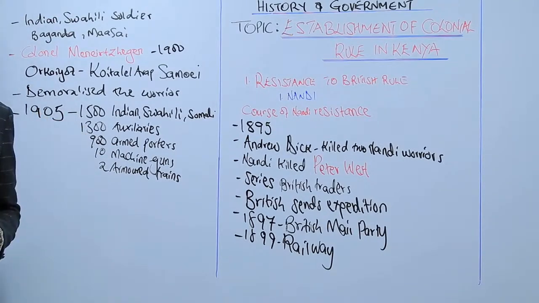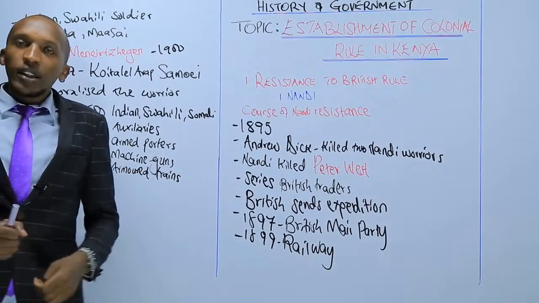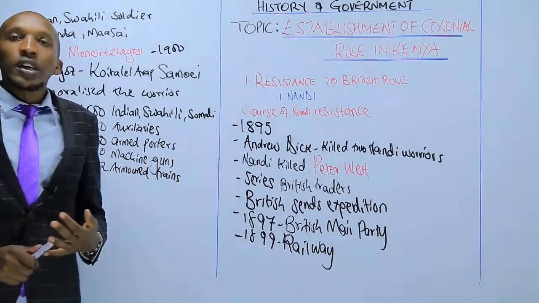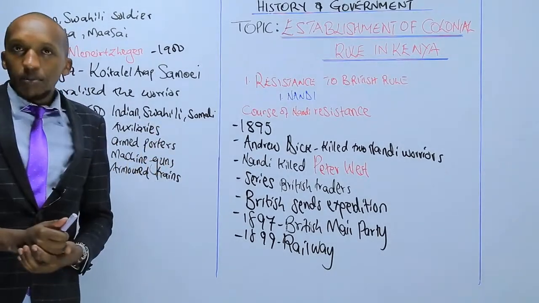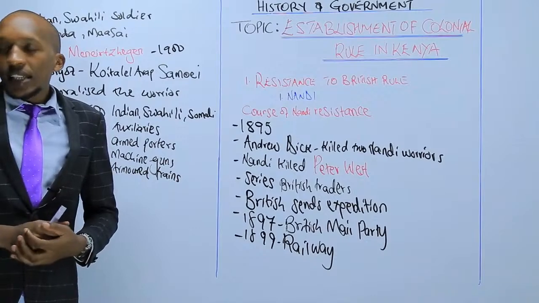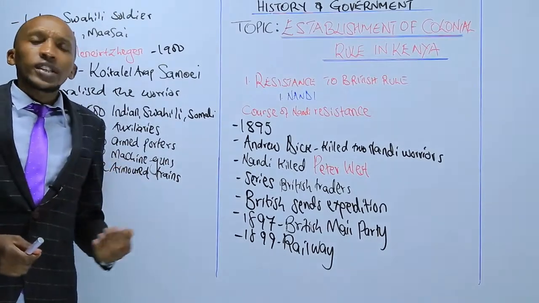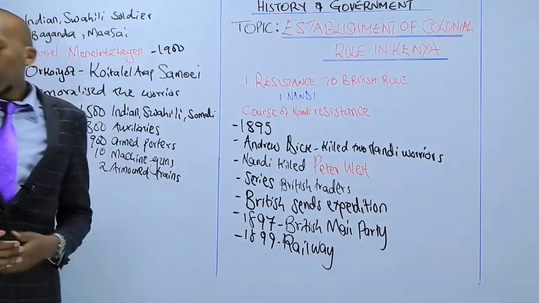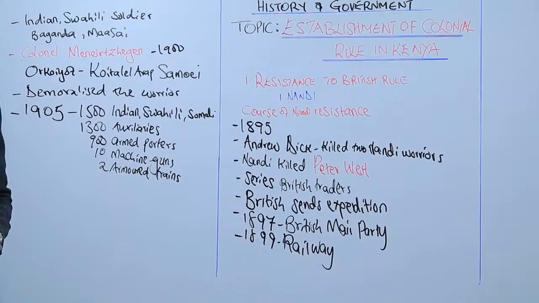That is 10 years of continued fighting. That was very expensive for the British, but for them, they were in their land because they had understood their land. So you ask yourself, what enabled the Nandi to give such a long resistance?